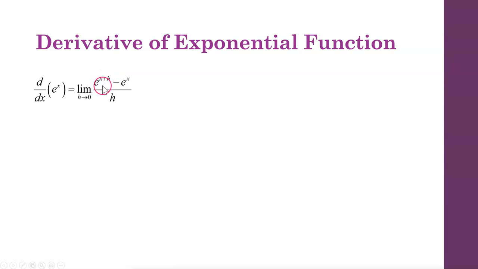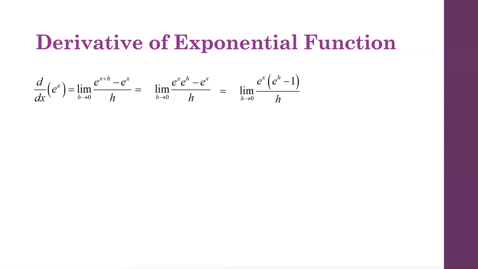That means I can break this up into two parts, e to the x multiplied by e to the h, using the exponent rules. If two things are multiplied, their exponents would have been added. Then what we'll do is factor e to the x from the two terms on the top, and then try to take the limit as h goes to 0.